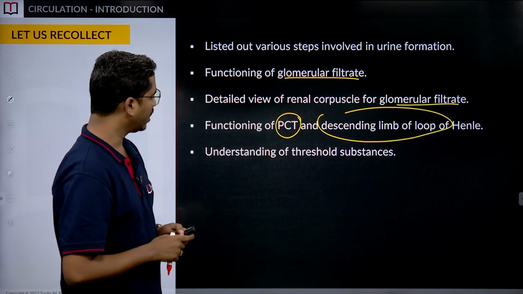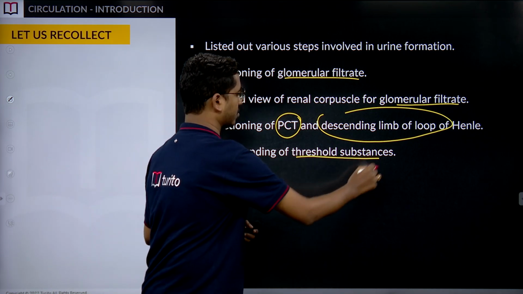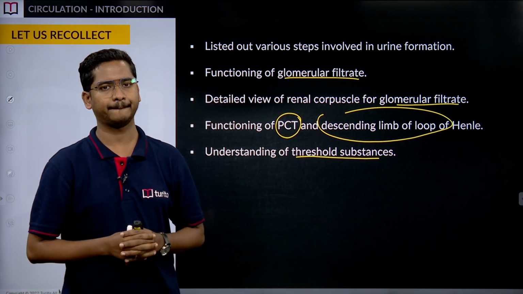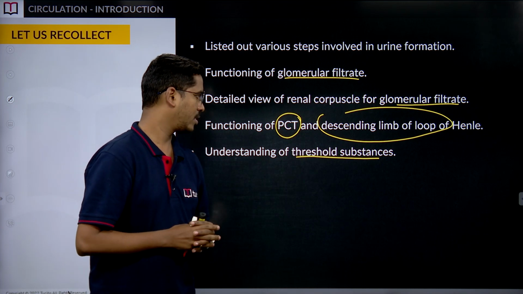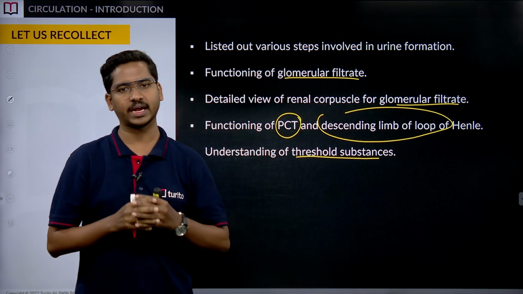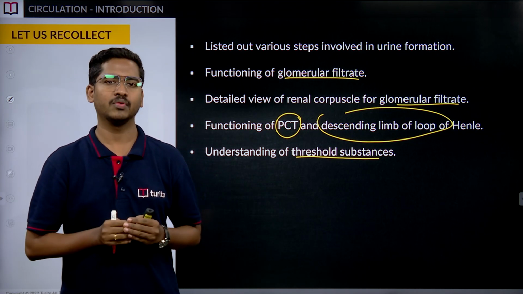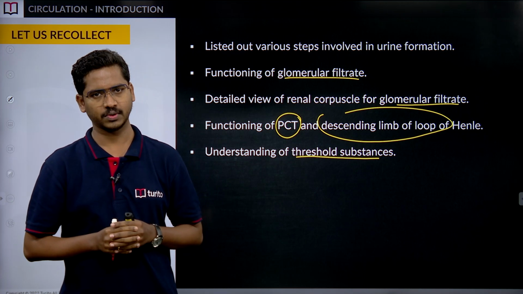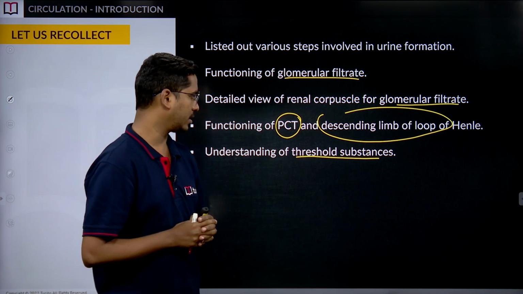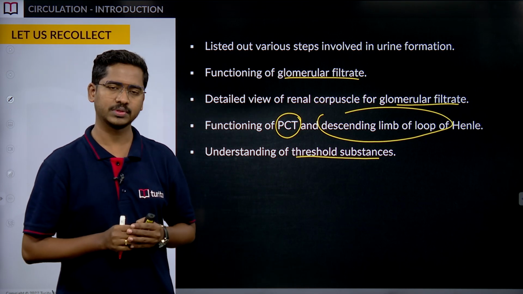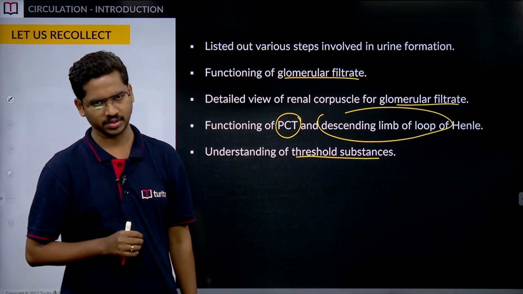After that, we understood about the threshold substances. Do you know what are threshold substances? These threshold substances are actual excretory products which are usually not reabsorbed. Now, what you see here is they were of two types, high level threshold substances and low level threshold substances.